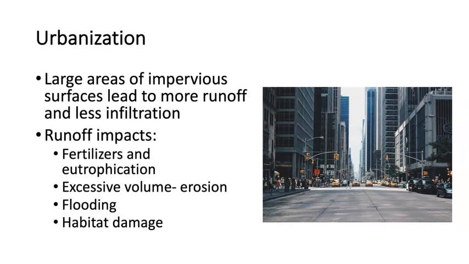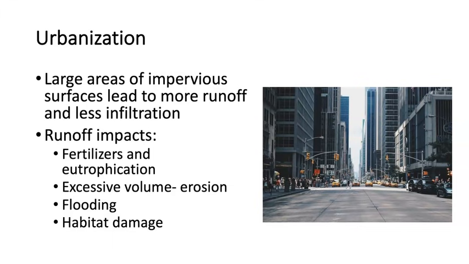With urbanization, the biggest thing you need to know is what the problem with impervious surfaces is. Impervious surfaces are areas that do not allow water to seep through the surface into the ground, like concrete and asphalt and even rooftops. And so we end up with more runoff.